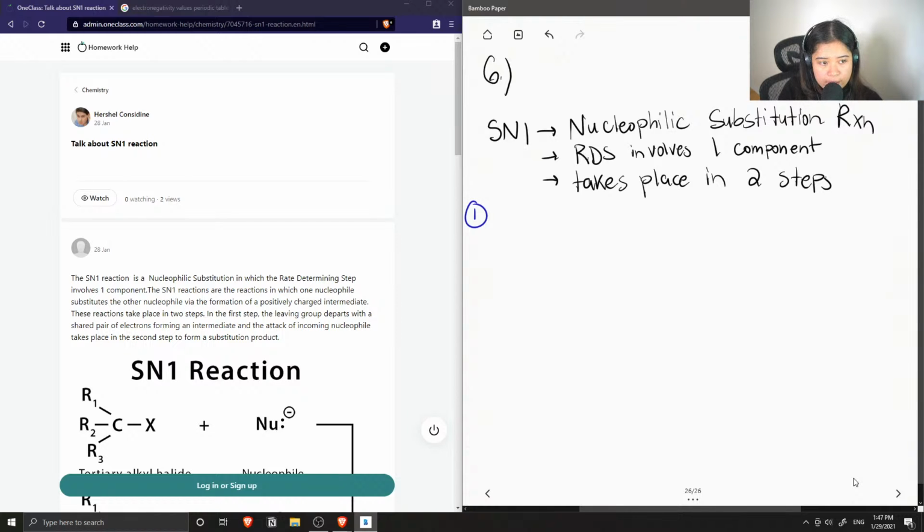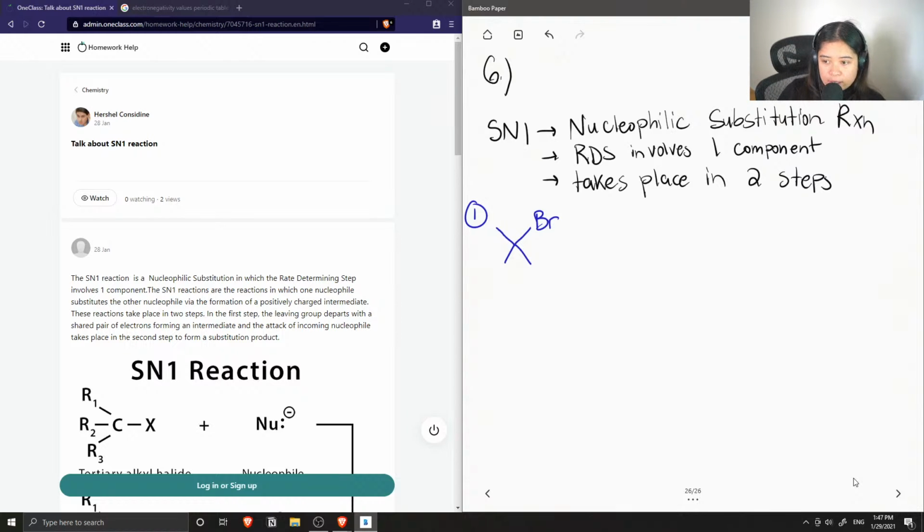The first step is when we have our reactant. Let's say we had a bromine attached to this tertiary carbon group.